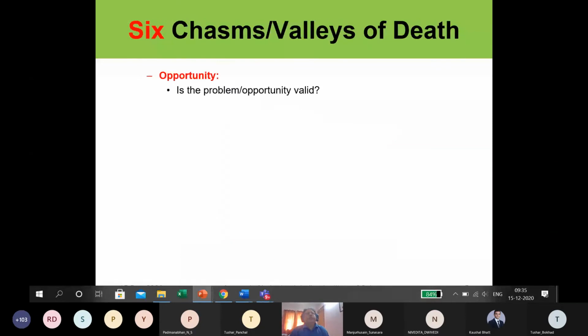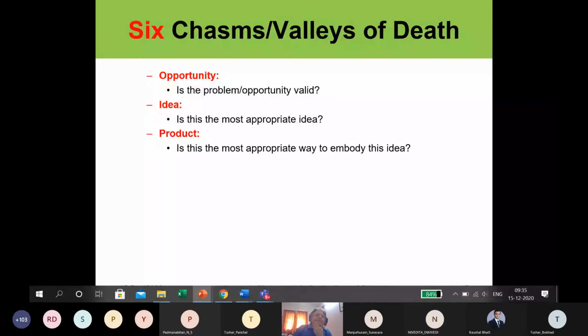Each of these can be a valley of death, where the innovation doesn't quite reach the expected output. One is, is the problem or opportunity valid? Are we solving the right problem? Does it have the juice? Is the idea the most appropriate idea? Is this the most appropriate way of embodying this idea?